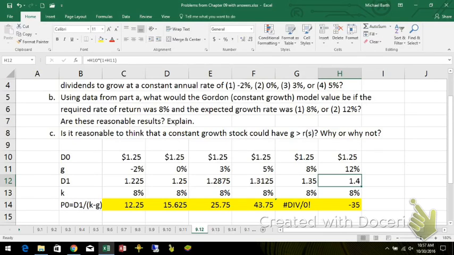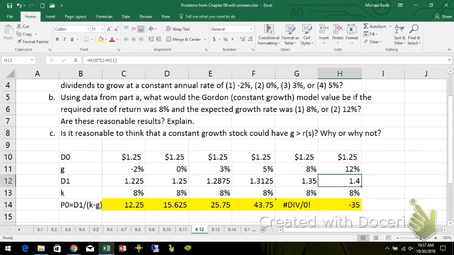Okay, and that leads into, are these reasonable results? No, they're not reasonable. They're stupid. If your stock is growing at 8%, then remember the price is growing at 8%. Under that constant growth rate model, everything's growing at 8%.